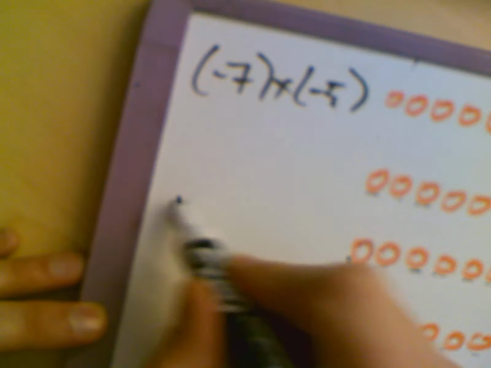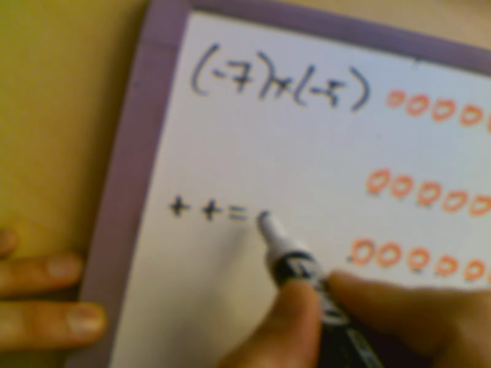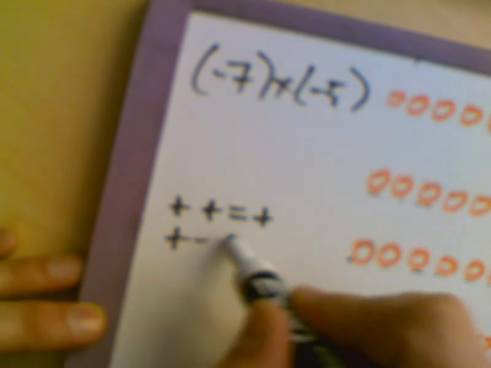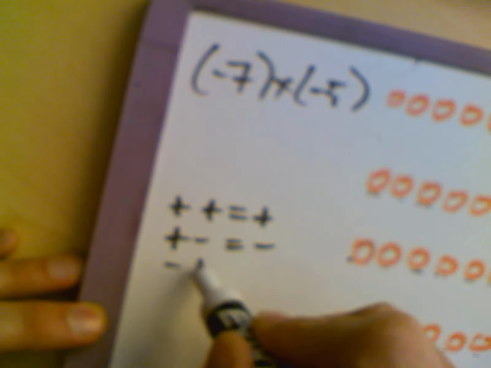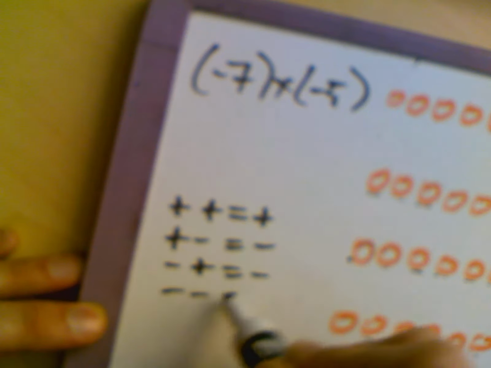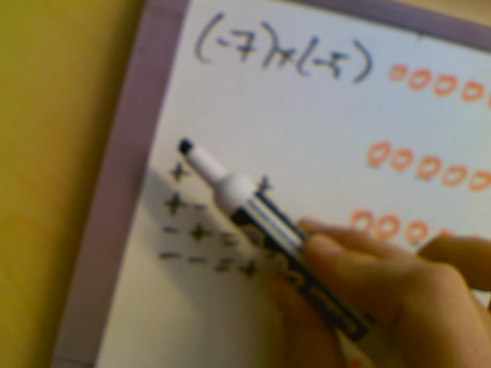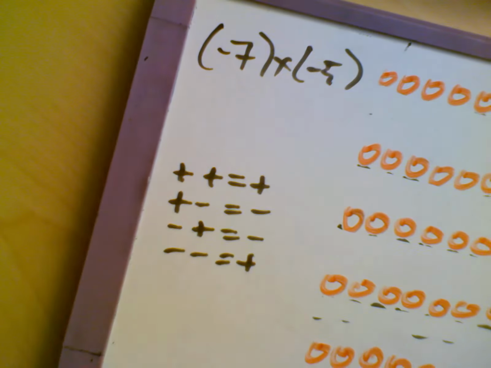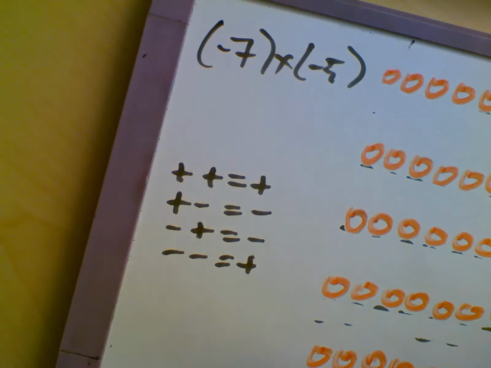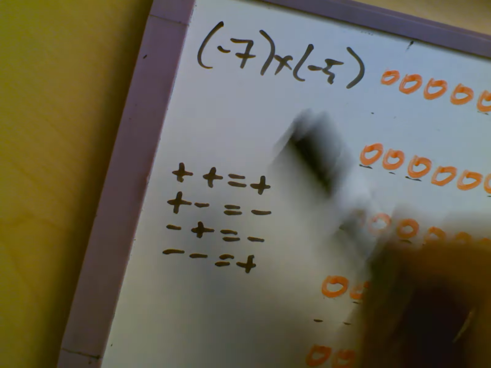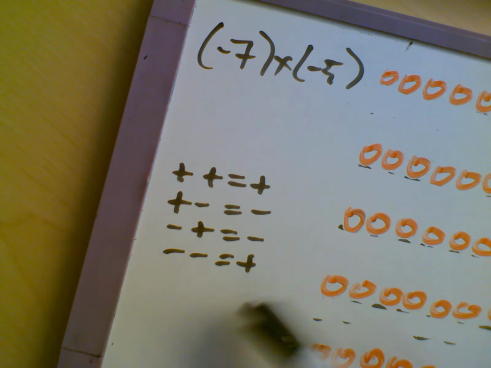Now to do this more symbolically, we look at it as -7 times -5. Remember that a positive times a positive equals a positive, and a negative times a negative equals a positive. That's the symbolic rule. Since we have a negative times a negative, we know it's going to get to a positive.